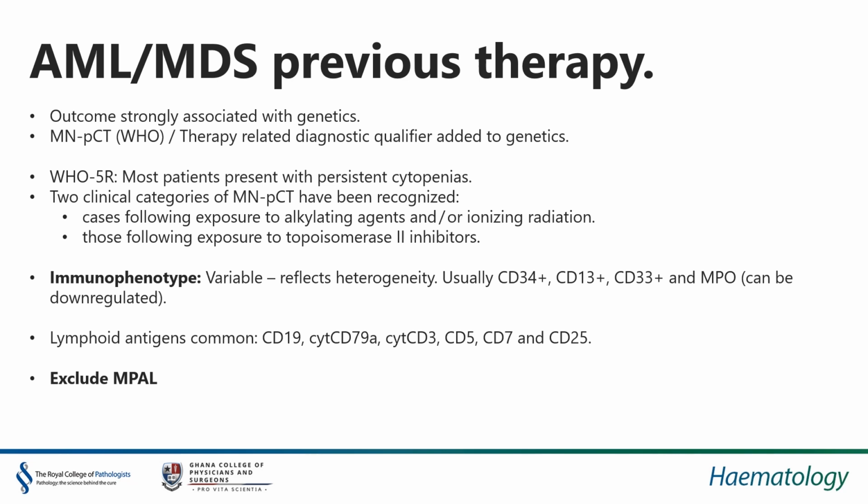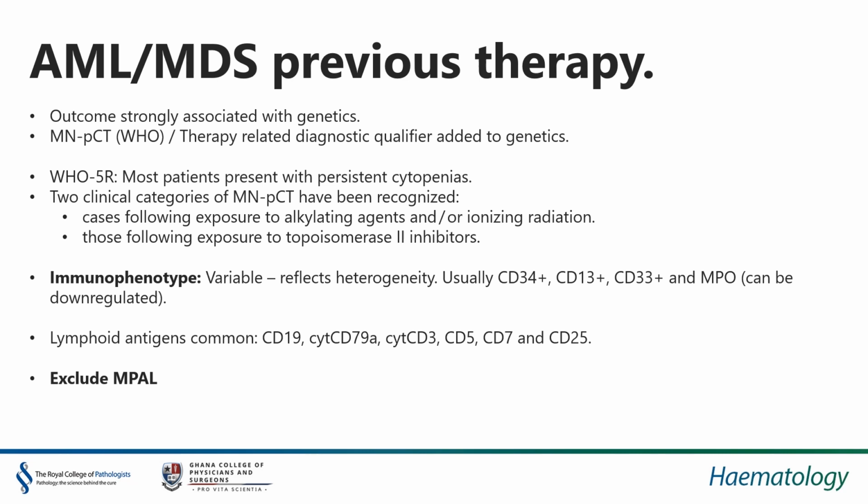However, you do usually see CD34, CD13, CD33, and myeloperoxidase, although downregulation of any of these can be quite common. In addition, lymphoid antigen expression, including CD19, cytoplasmic CD79A, CD3, CD5, CD7, and CD25, can also be commonly found. So it's very important in cases of AML or MDS where they've had previous related therapy that we exclude mixed phenotype acute leukemia, or MPAL.